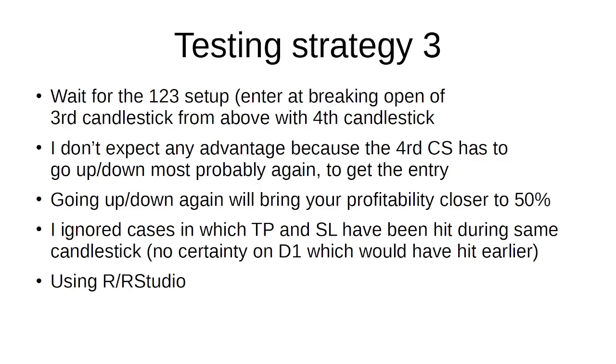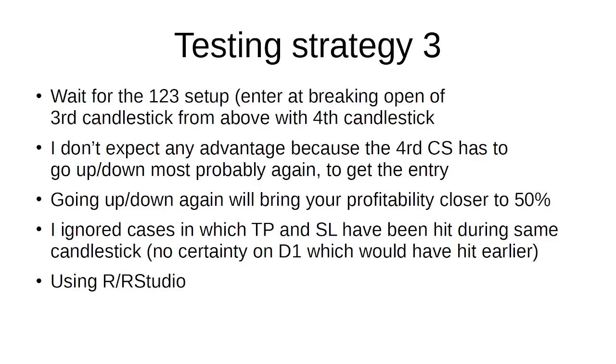And the third strategy was that I was waiting for 3 candles to show either a higher high, a lower high, and a higher high, or a higher low, a lower low, and a higher low. And then I would have waited for the fourth candlestick until it reaches the open line and breaks it in the correct direction. And then I would have entered in order to get the take profit or the stop loss.